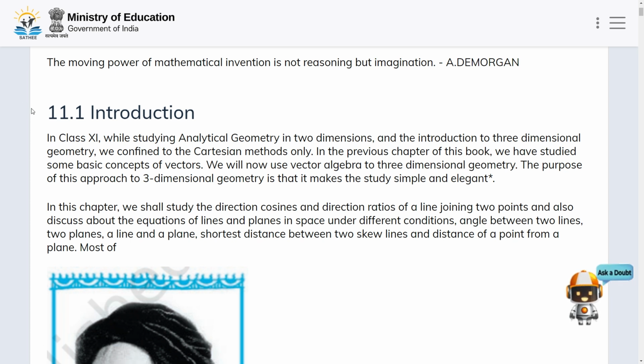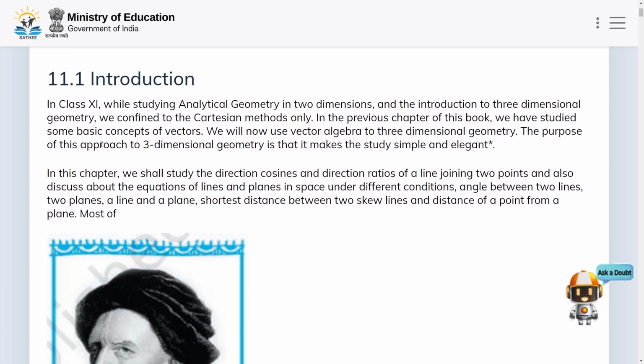Now, in this chapter, what are the topics you are going to learn about? Direction cosines and direction ratios of a line joining two points, which we also saw in the vector algebra chapter.